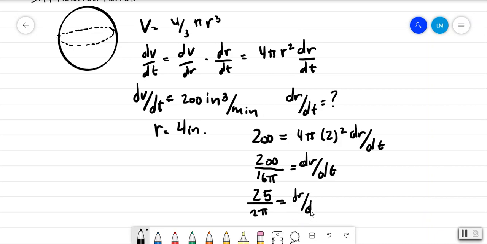Right now, I won't even go through the process of finding the approximation, but I will just say that it's 25 over 2 pi inches per minute.